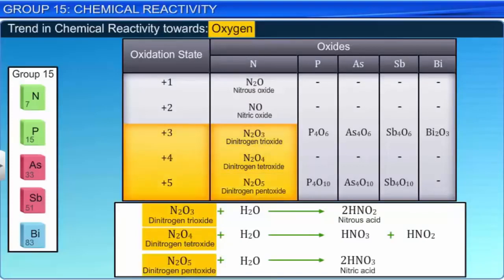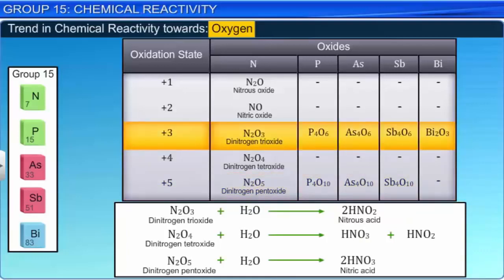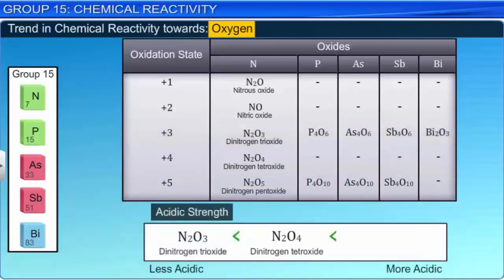Oxides in the higher oxidation state of an element are more acidic than that of the lower oxidation state. Hence, the acidic strength of oxides of nitrogen increases from Dinitrogen Trioxide to Dinitrogen Pentoxide.